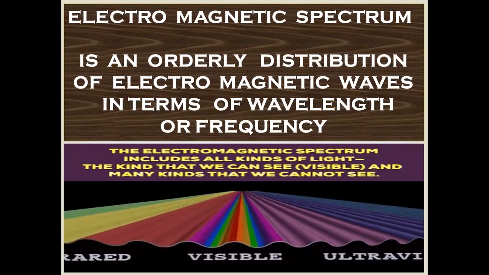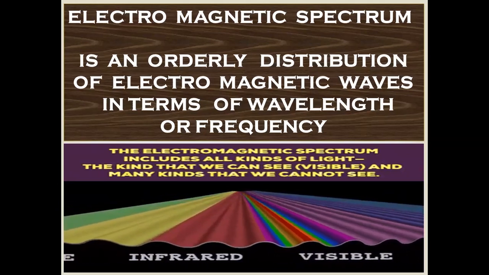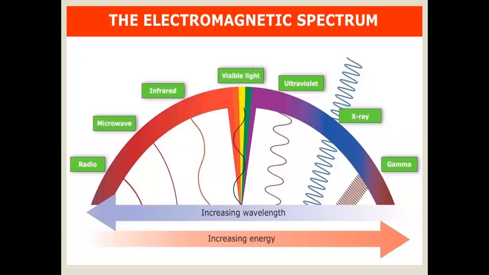Similarly here, this electromagnetic spectrum has various members in its family, and the members are arranged in the decreasing order of their wavelength, or you can say in the increasing order of their frequency. That is, radio wave has the highest wavelength. Gamma ray has the lowest wavelength. So listen carefully. Radio wave has the highest wavelength, but it has the lowest frequency.